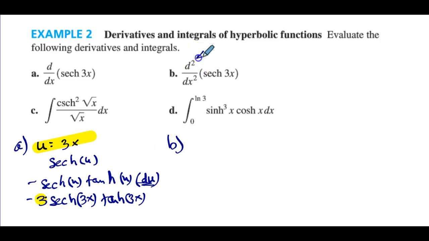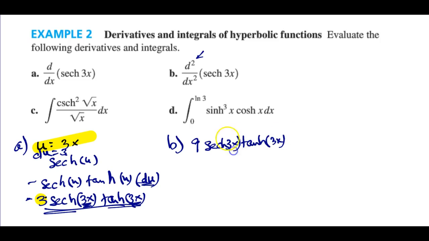Part B, it's the second derivative, so it's the derivative of the derivative. So I'm going to have to do the product rule, and again, chain rule. So again, if I do a u sub and let u be 3x, then the derivative of 3x is 3, and that 3 times this 3 is going to be a 9, and that's still going to be negative again, so negative times negative is positive 9, hyperbolic secant 3x hyperbolic tangent 3x.